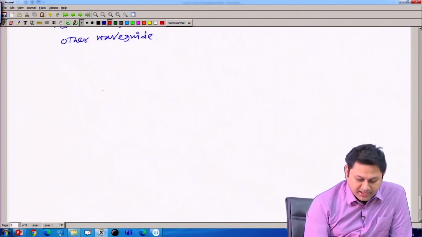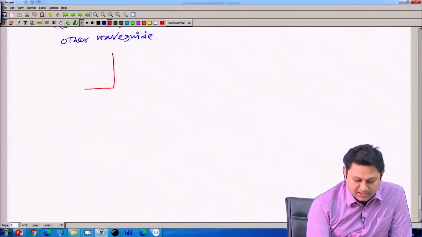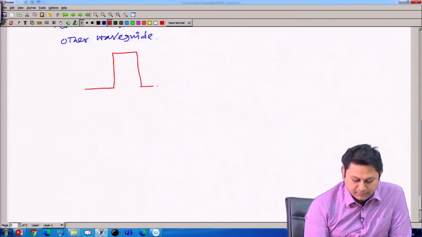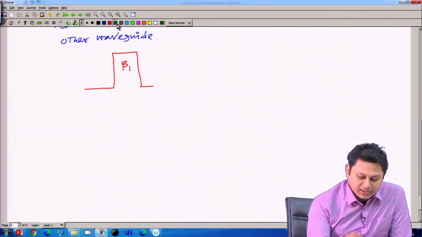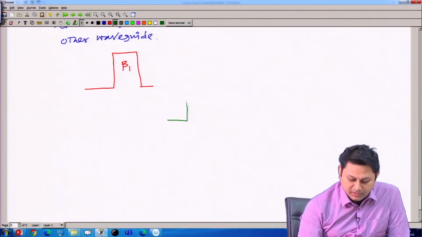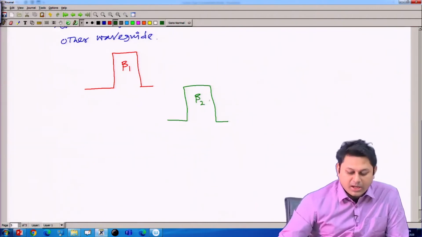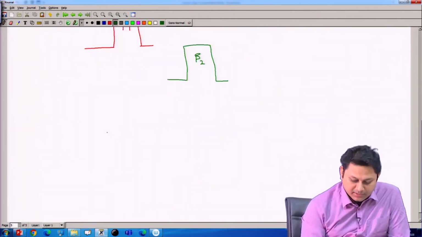So, what was that? Initially suppose I have one waveguide and I have a propagation constant beta 1 here. Then I have another individual waveguide, and this is beta 2. Now, what happened is that I have both the waveguides.